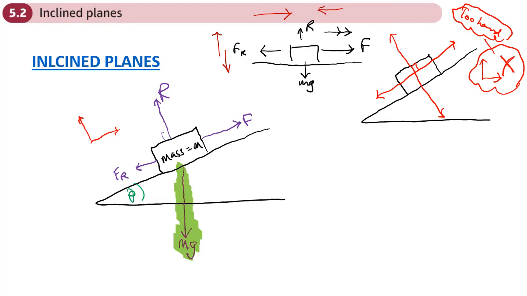So what do I do? I split it up into its components. Now watch carefully. When I draw that force, it's going to look like this. One part going opposite to the normal reaction, perpendicular to the plane, and one part going parallel to the plane. That's really important because so often I've seen students draw that incorrectly.